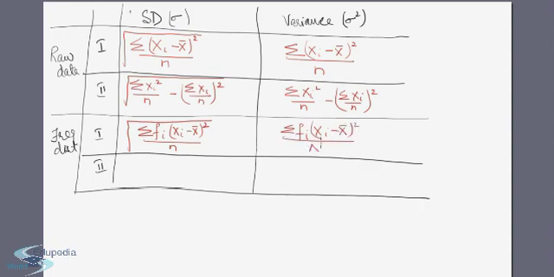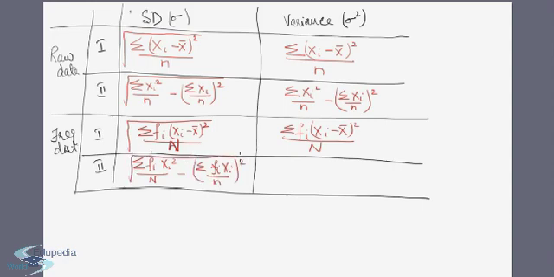In fact, we will be dividing it by capital N, which is the sum of the frequencies, and the modified formula is summation fi xi square by n minus summation fi xi by n the whole square.